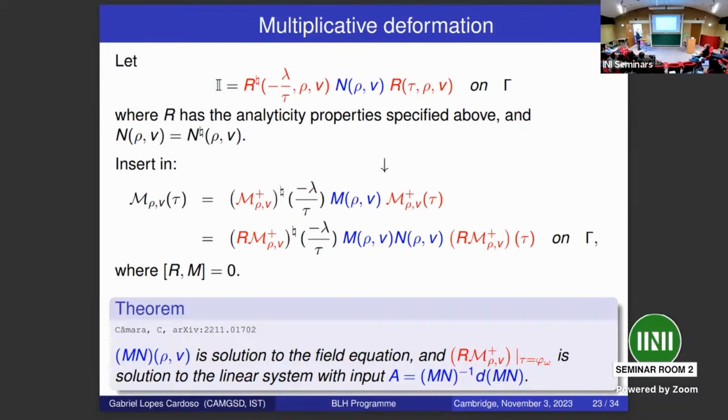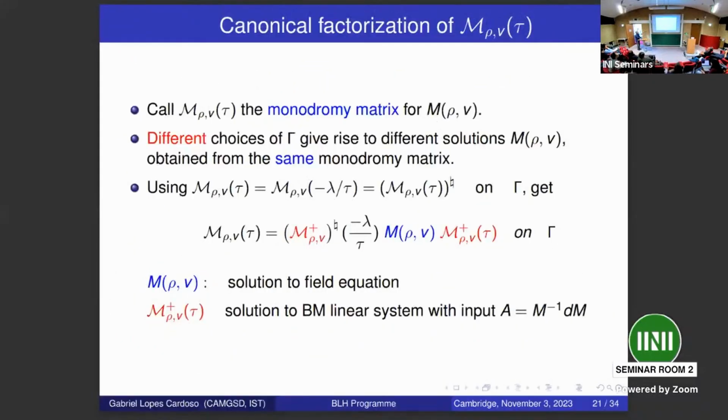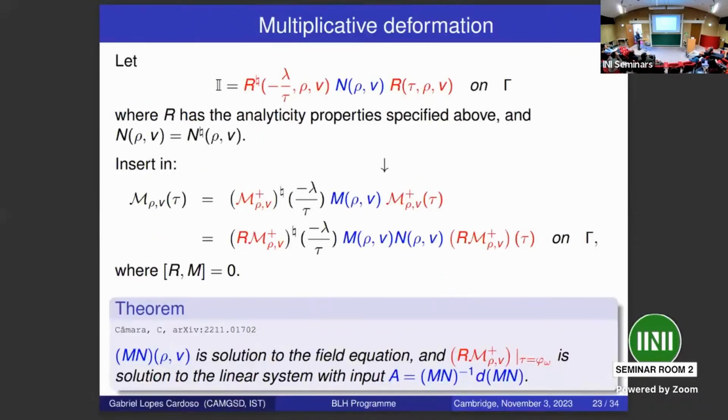So I have another decomposition of my monodromy matrix in terms of products of matrices that reflect that structure, but such that this one is not analytic anymore in the interior. The question is, is this middle factor a solution to the equation of motion? And you can prove a theorem stating that yes, it is a solution to the equation of motion.